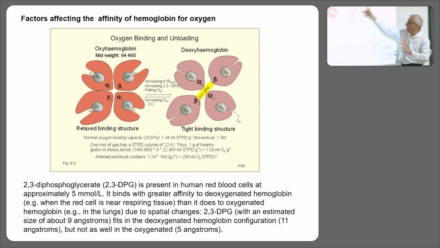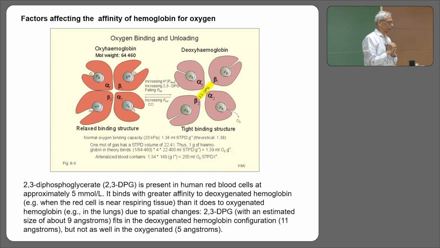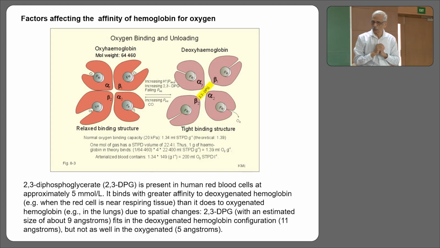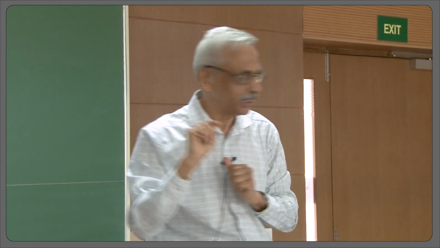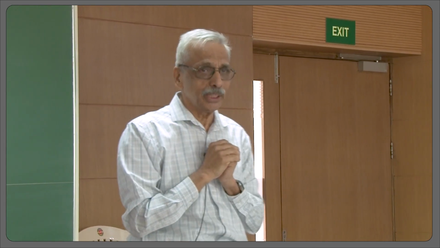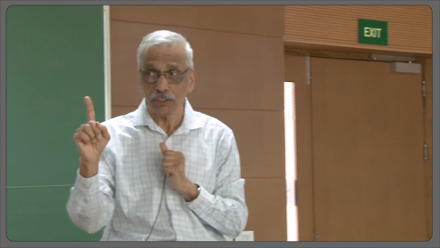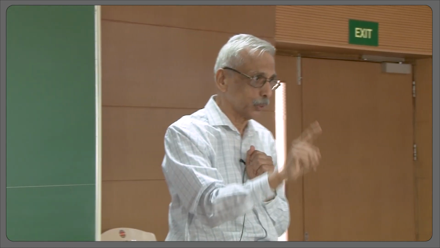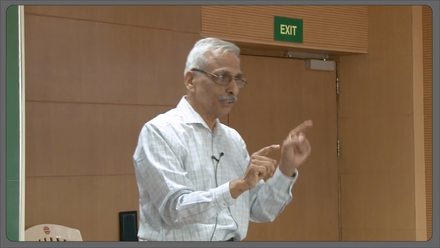And then in the gap between the 2 subunits, there is a little more gap, and in that gap fits a molecule. What is that molecule? 2,3-DPG. Whereas it has no affinity for the fully oxygenated molecule, it has a great affinity for the molecule which is partly deoxygenated.